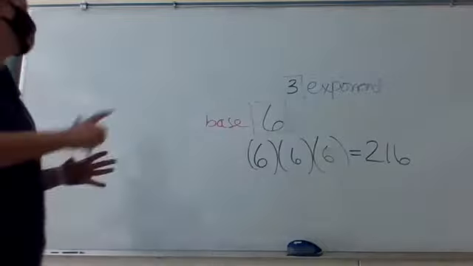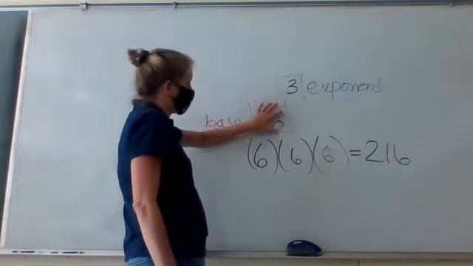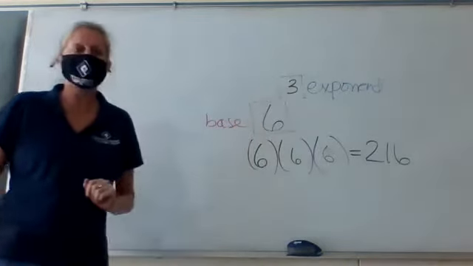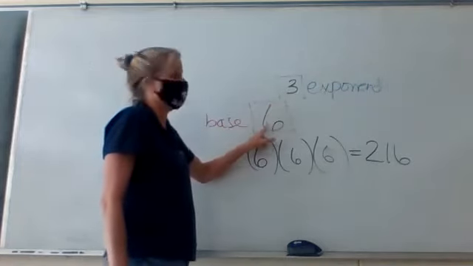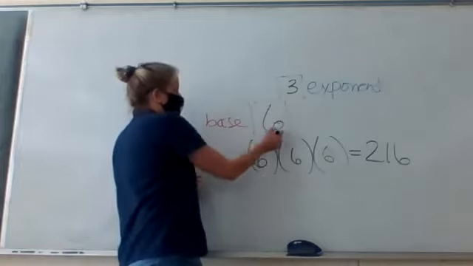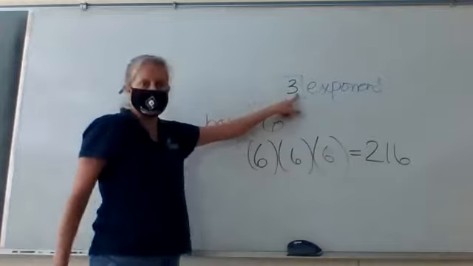So again, when you have a number that has an exponent, the base number is the main number, and the exponent is the little number up on the right. The exponent tells you how many times to multiply this base number together. So I multiplied the base number, which is 6, this many times.